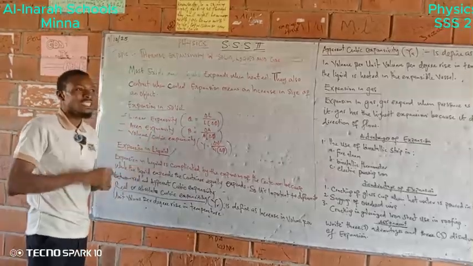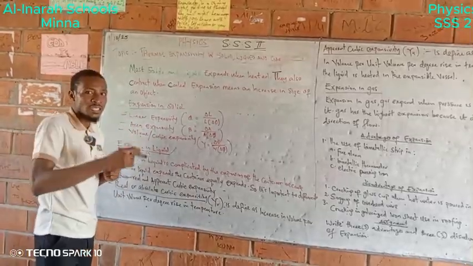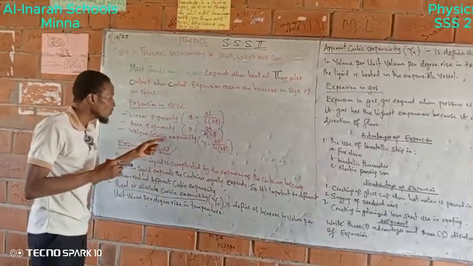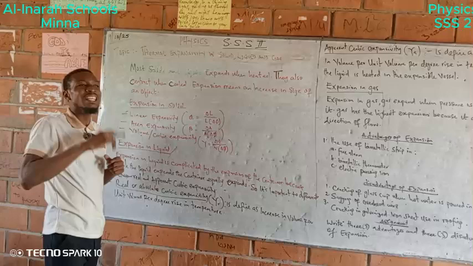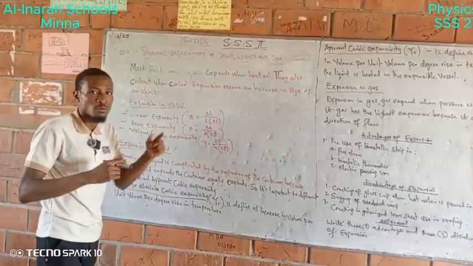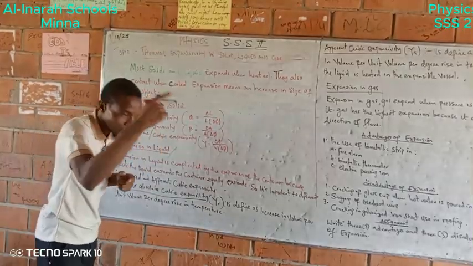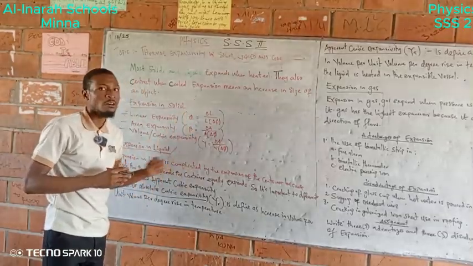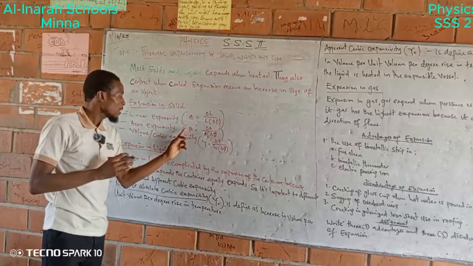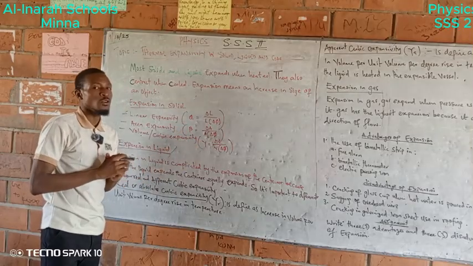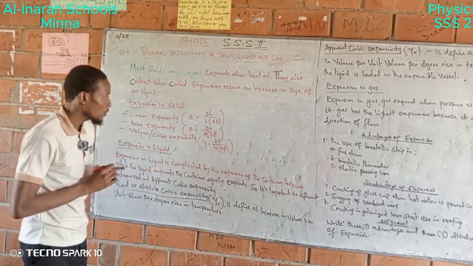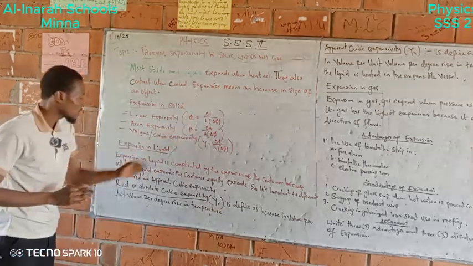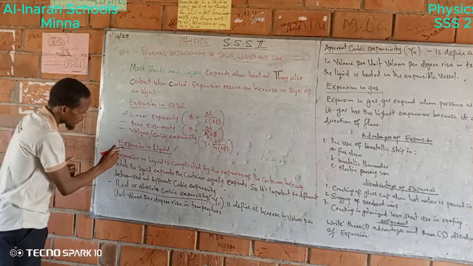Area expansivity is the increase in area per unit degree rise in temperature. Volume expansivity is the increase in volume per unit degree rise in temperature. And this is the mathematical expression of linear, area, and volume expansivity, which I know you already know.